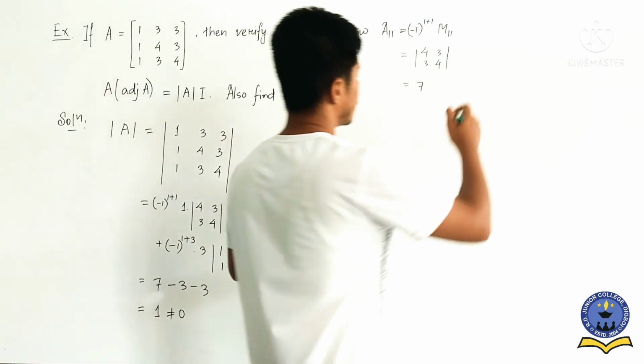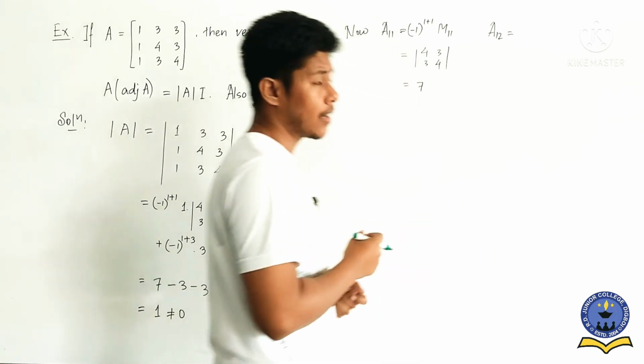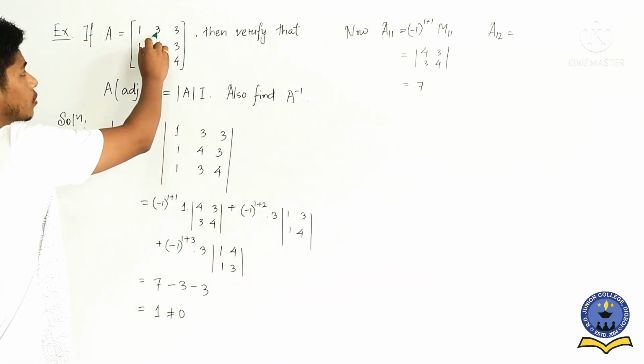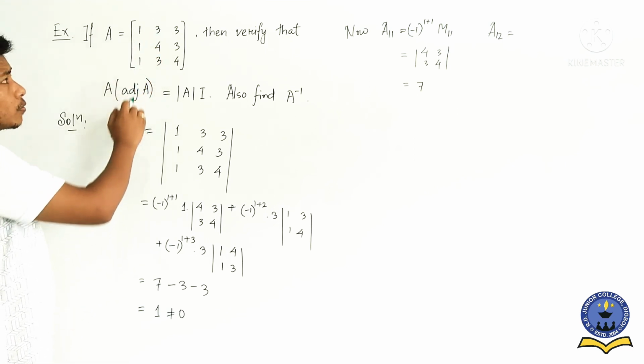Now the next one is A12. For 1 2, the sign is minus 1 to the power 1 plus 2, that means negative.